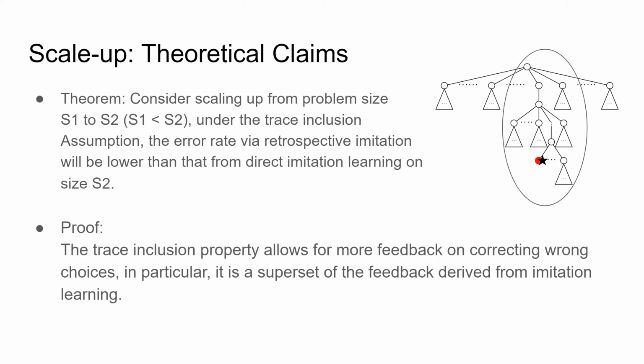In particular, it's a strict superset of the feedback we can get from imitation learning. And so that's why we can get more feedback on where the mistakes are, and that's why we can obtain a smaller error rate.